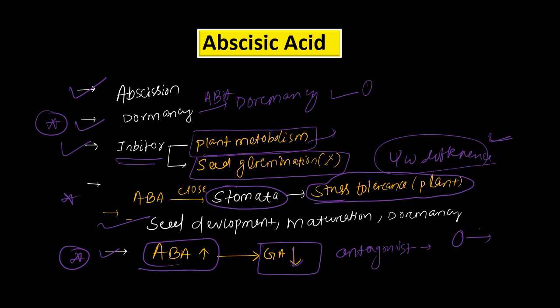If we add ABA, it blocks the germination. If you add GA to a dormant seed, it helps in germination. So ABA and GA both act as antagonists.